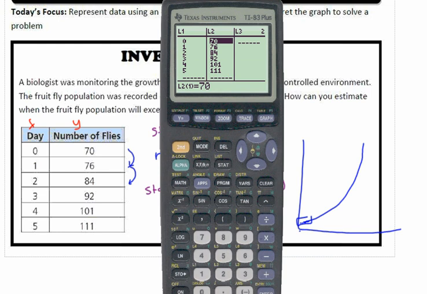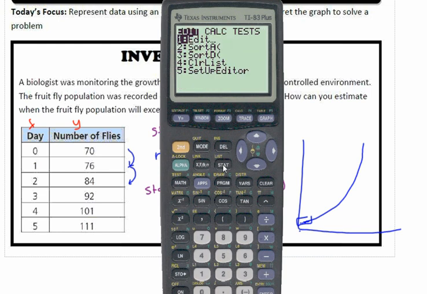Then after we have that done, we're going to go stat again. Then we go over to calc. The easiest way, you can either push the up arrow to get to 0, or just push the number 0.